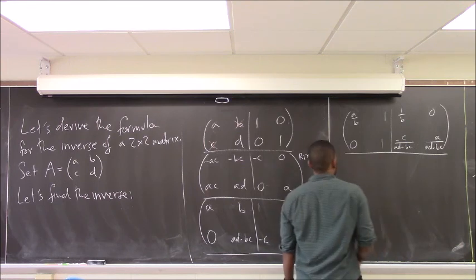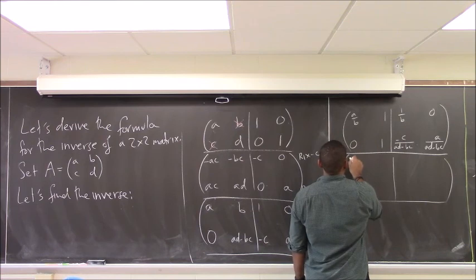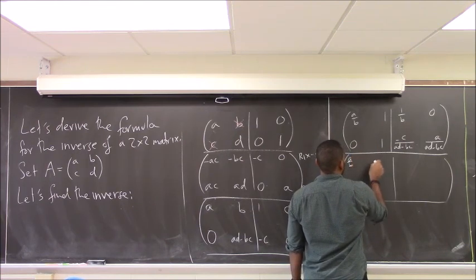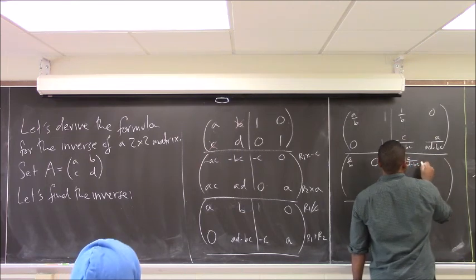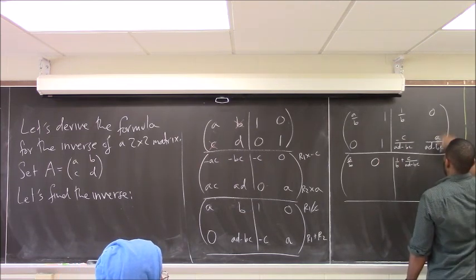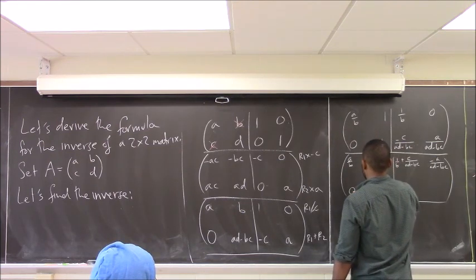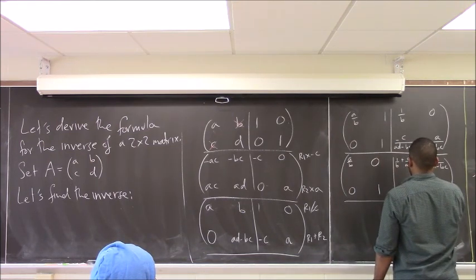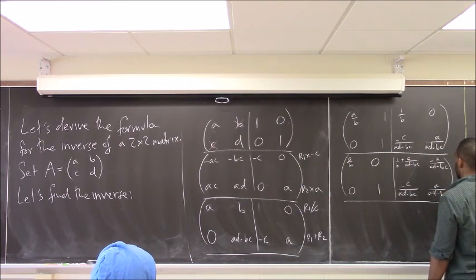Now I can subtract. So I have a over b, 0, 1 over b, plus a over ad minus bc, and I'm subtracting this. And here I have 0, 1, minus c over ad minus bc, and a over ad minus bc.